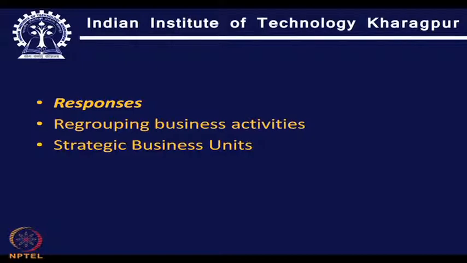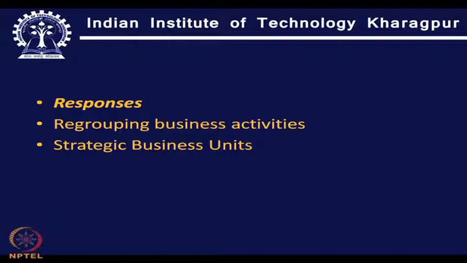And the answer to it is regrouping business activities, where different units are grouped together as strategic business units. If the focus is on more than one business, then each of the businesses functions as a separate unit within the umbrella of the major company.